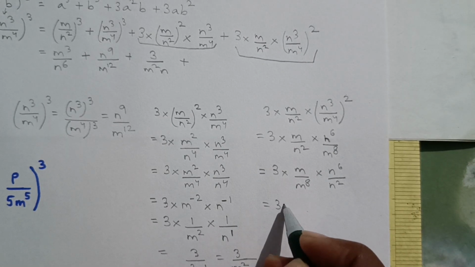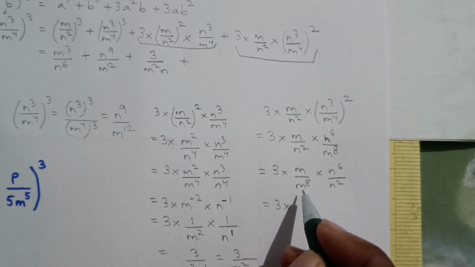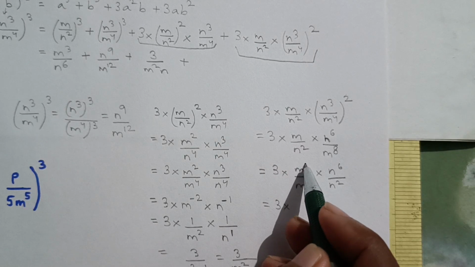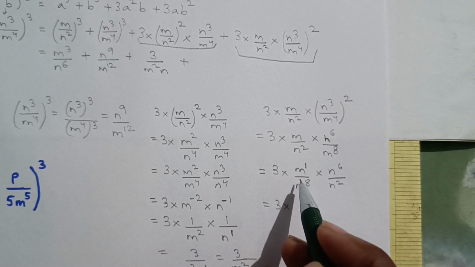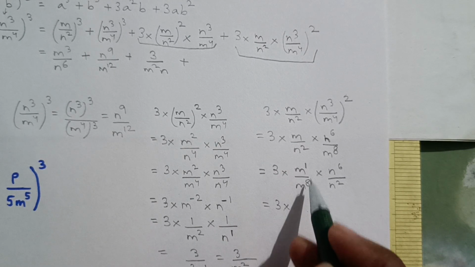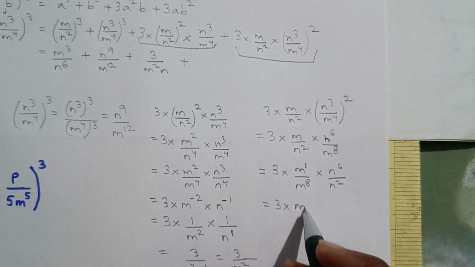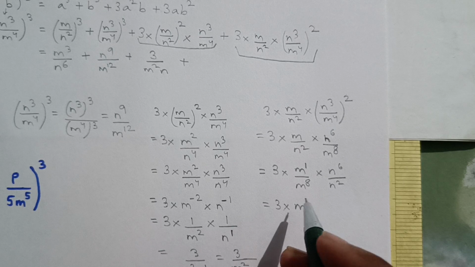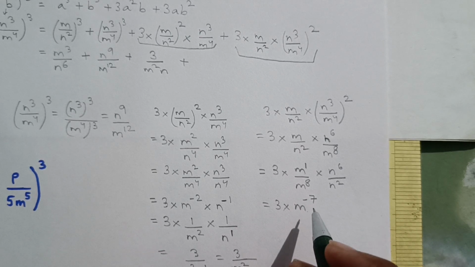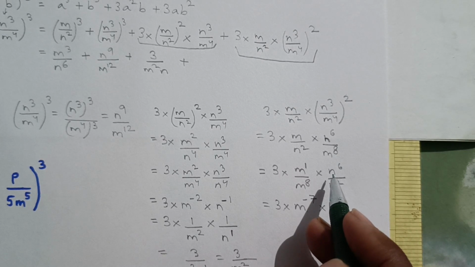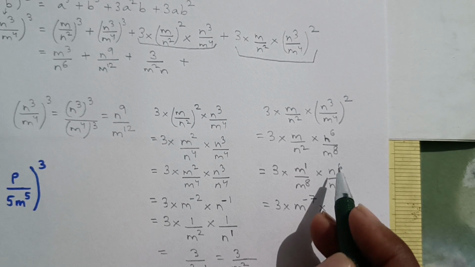So that is 3 into m upon m to the power 8. M means m to the power 1. So m to the power 1 upon m to the power 8. Use your knowledge of exponents. So this will become m to the power 1 minus 8. 1 minus 8 is minus 7. So m to the power minus 7 into n to the power 6 upon n square.